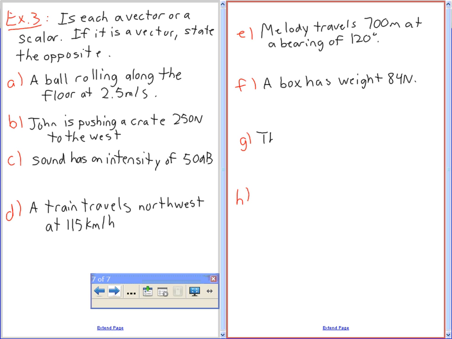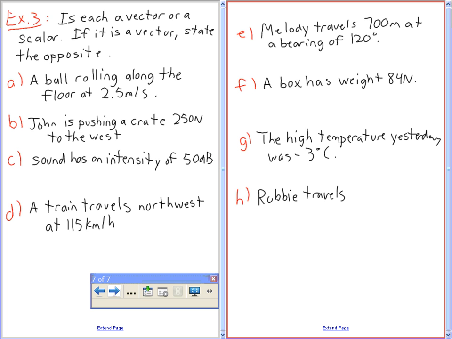The high temperature yesterday was -3. And Robbie travels 120 kilometers per hour, 25 degrees west.